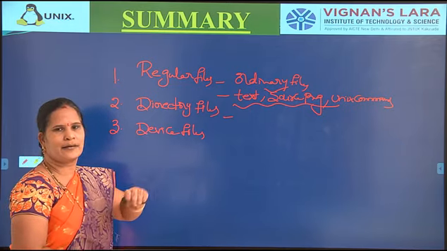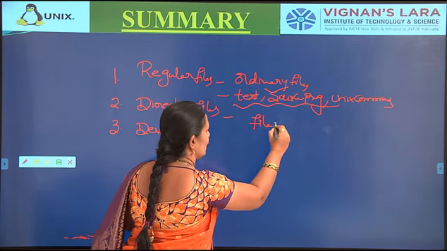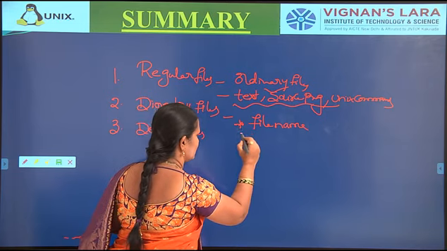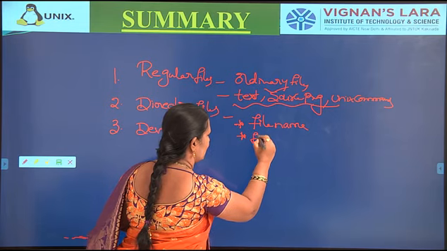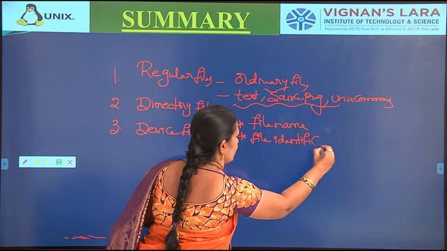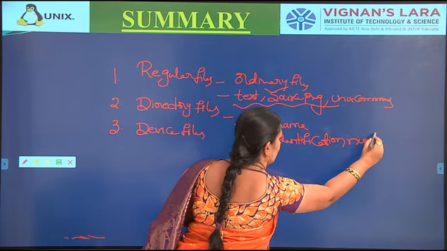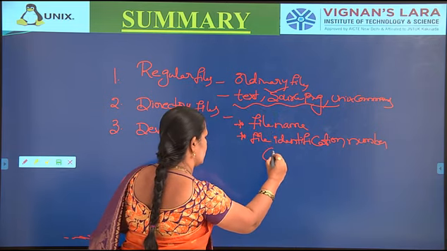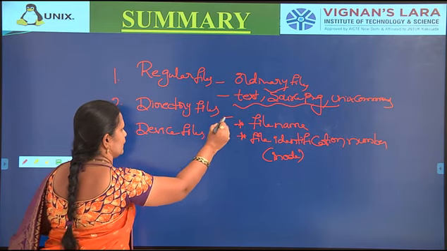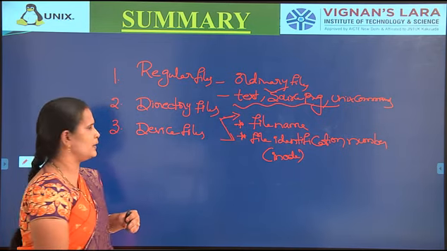Each and every directory file contains information about the file name and file identification number, also known as the inode. One of the important concepts in this unit is the inode.